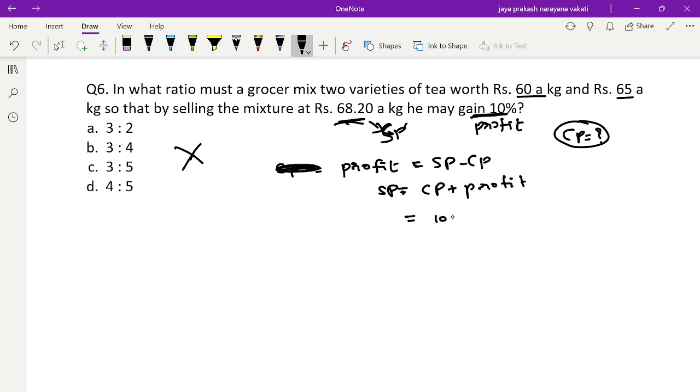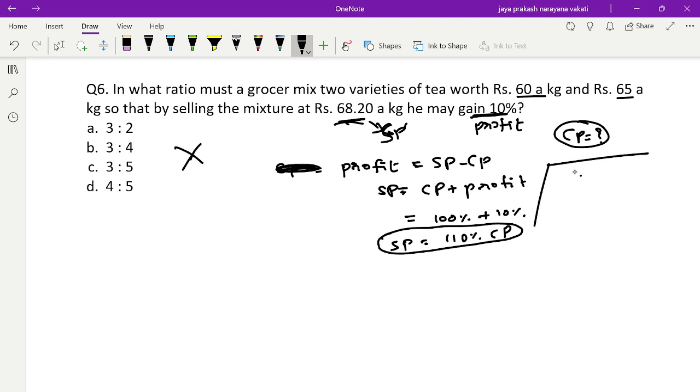I got 100 percent of my cost price plus 10 percent as a return. Which means I got 110 percent of cost price as my selling price. So from this I'll calculate. 68.2 equals 110 percent of cost price.